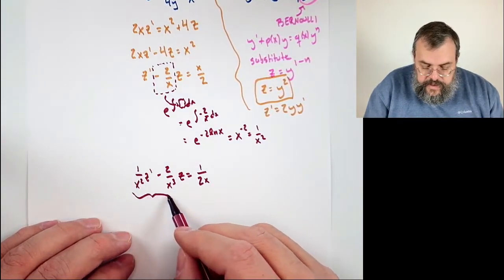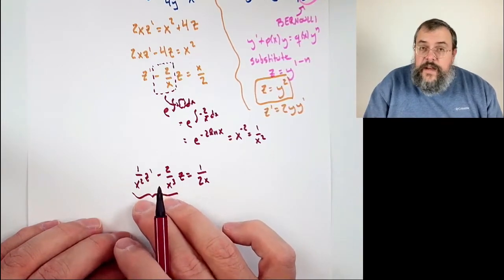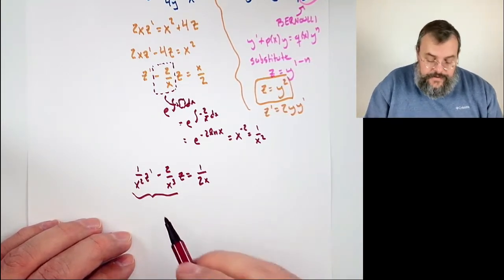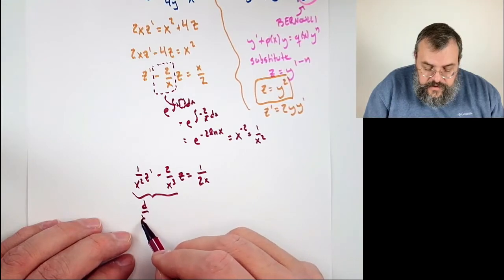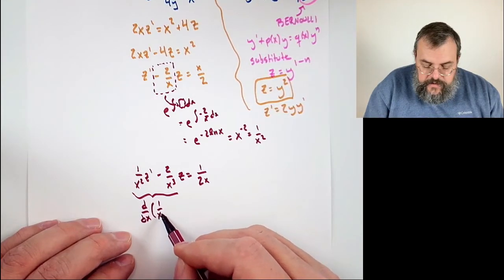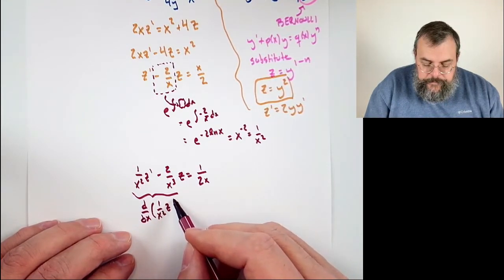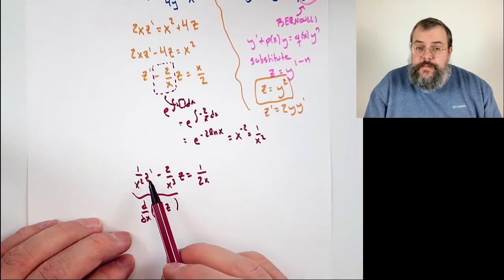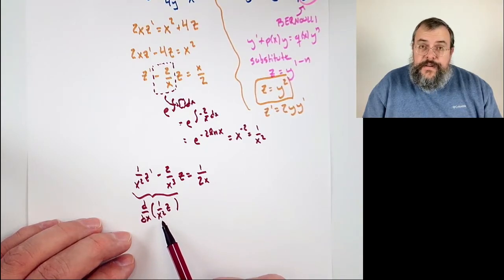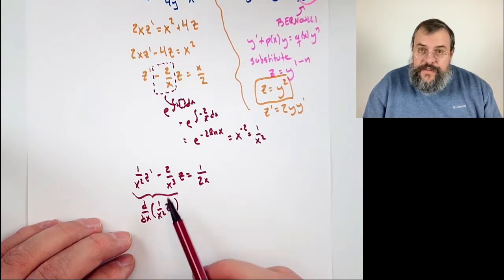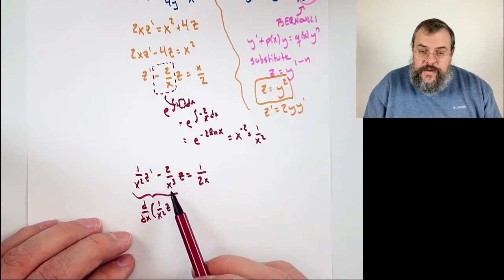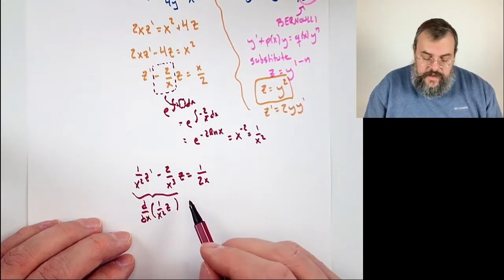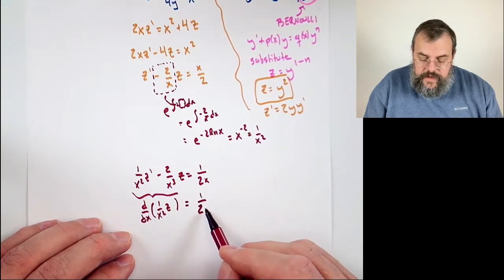But by design, this left-hand side is a derivative. It's the derivative of 1 over x squared times z. And you can check, right? The first times the derivative of the second, 1 over x squared z prime. The derivative of the first, we'll think of it as x to the minus 2. Minus 2 comes down, x to the minus 3, that's 2 over x cubed times z. All right, so that's equal to 1 over 2x.